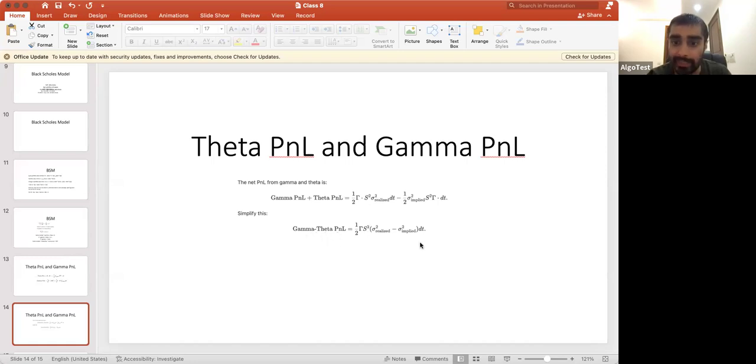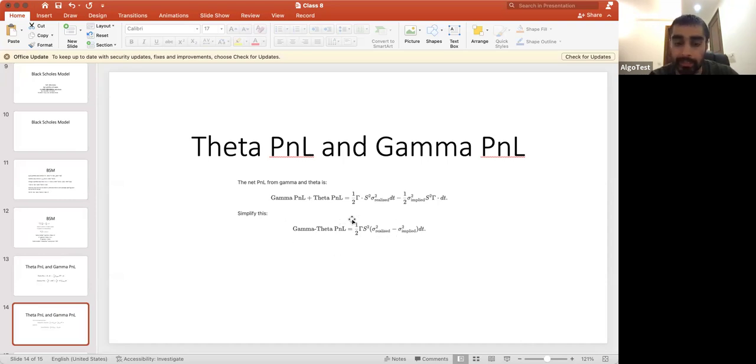So this combined PNL is given by this number, okay, which is half times gamma times stock price squared times this difference, which is realized volatility minus implied volatility. Now, put it in the chat, guys. What will happen if realized volatility is exactly the same as implied volatility?